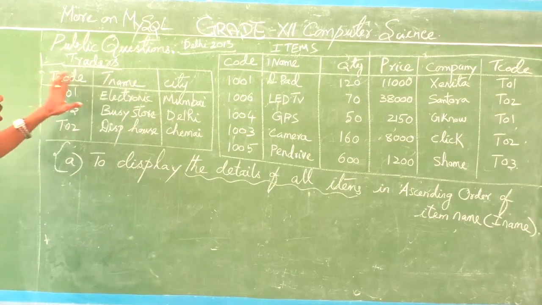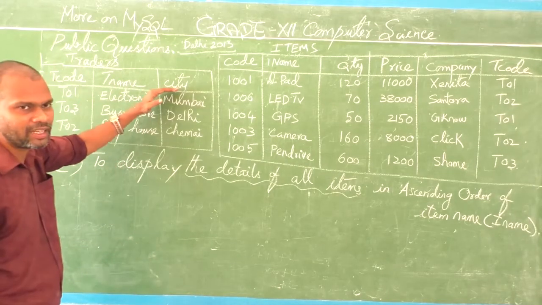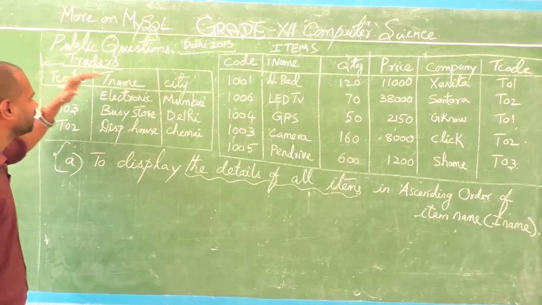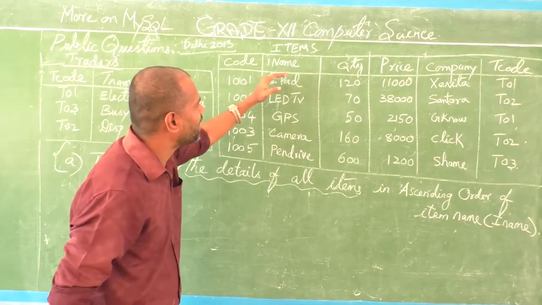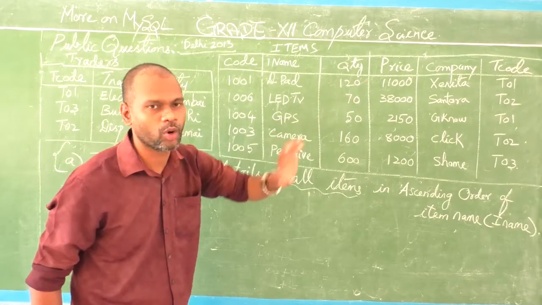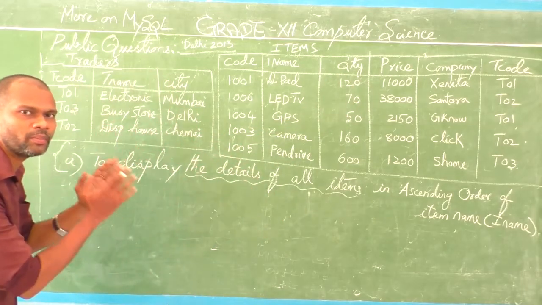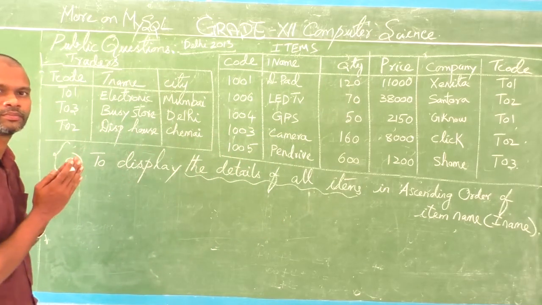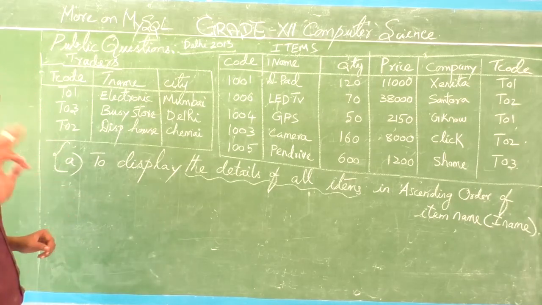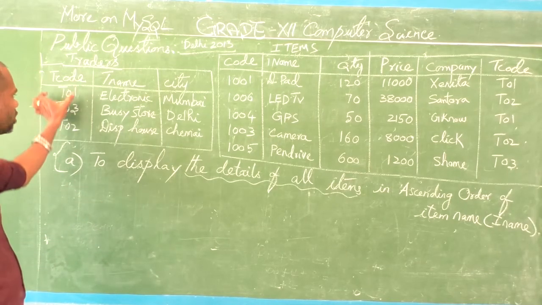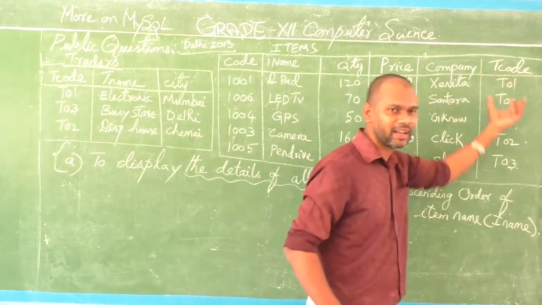In this table the columns are T code, T name, city, and here code, ID, quantity, price, company, T code. What is the common column? Here T code, and here also T code is there.